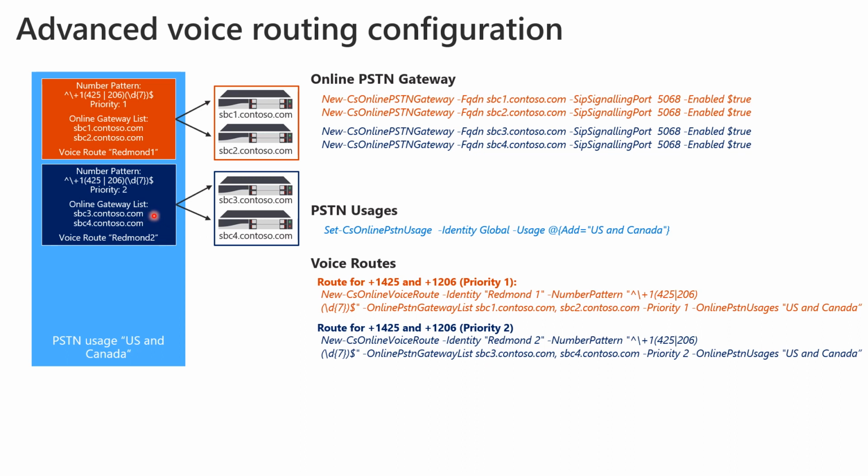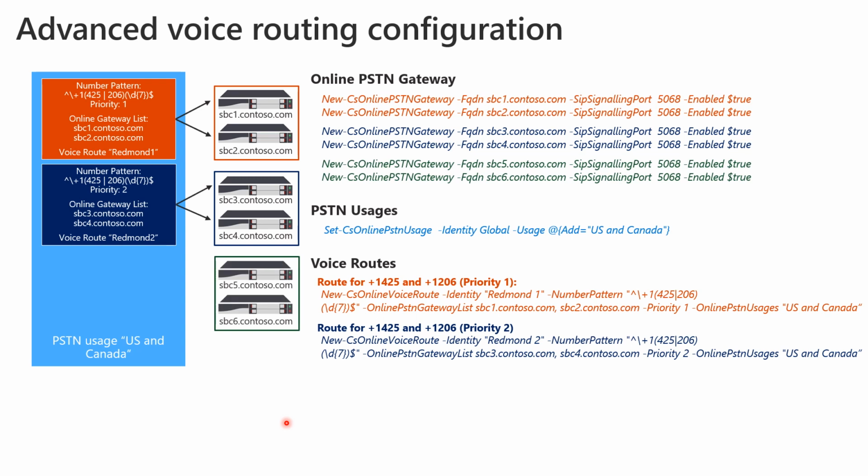So now this Redmond 2 route is a backup route. As long as these session border controllers are available, this route has the higher priority. This will always be used. If both of these session border controllers go down, this would not be a valid route. We would fall to this route, and I would send the calls out through SBCs 3 and 4. So now I have a little bit of redundancy.